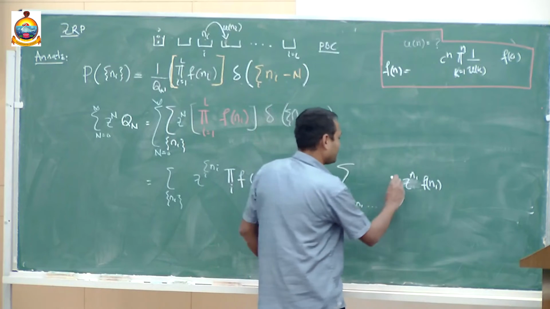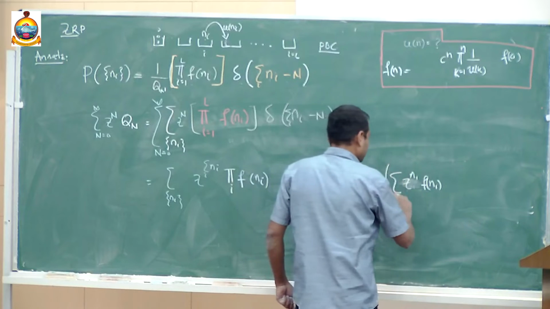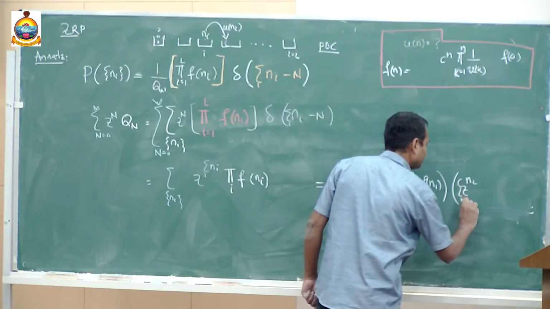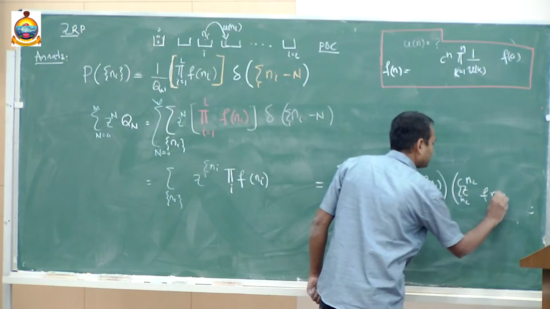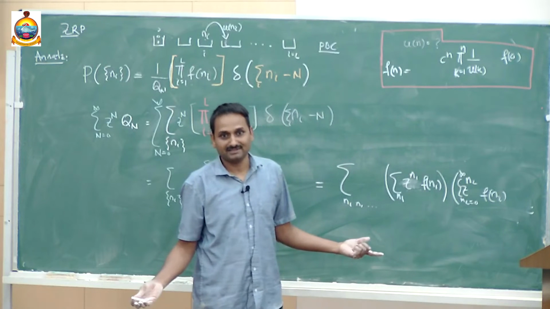So now you just say the summation over n1, and this is this times z to the power n2 summation over n2 of f of n2, but these are dummy indices, n2 equal to 0 to infinity. There is no restriction anymore, right?